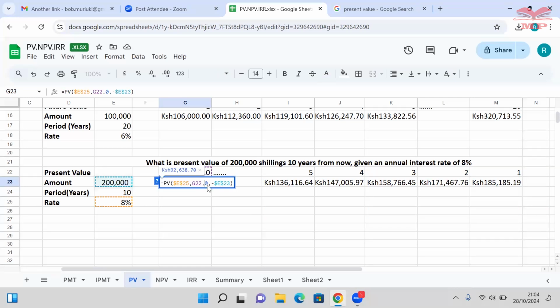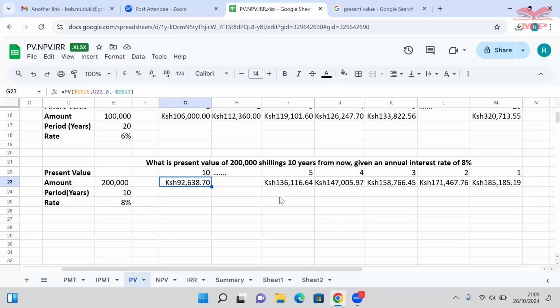This one I assigned a 0, then I did this as this is a future value. Then again, because I want a positive answer, I'll make this a negative. Then if I press enter, what this 92,000 means is if I invest 92,000 today at 8% per annum, 10 years from now, it will be worth 200,000.